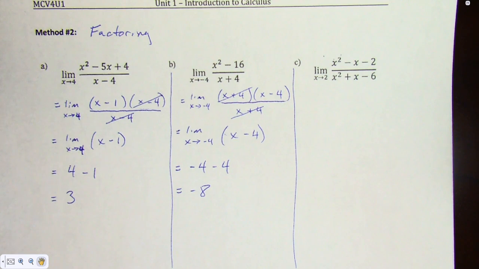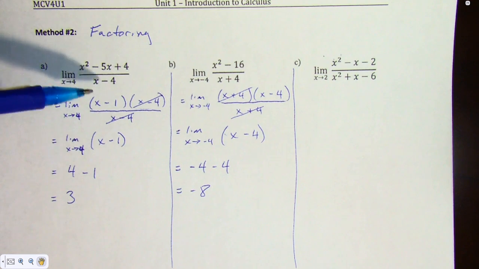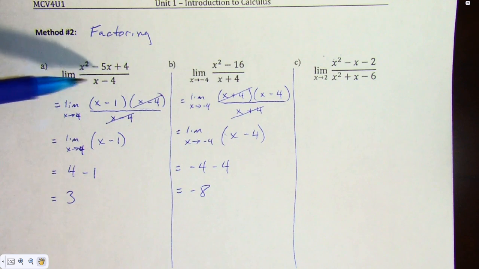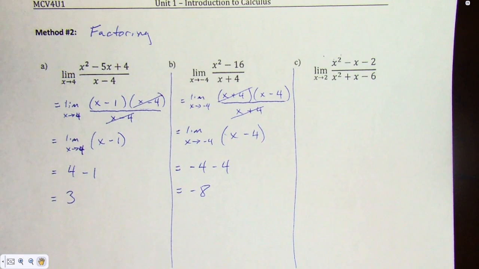So if we look at the first one here, the problem now is as x approaches 4 is what we're evaluating, but if you look at the bottom, we've got x minus 4. So if we substitute in an x as a 4, we're going to be dividing by 0, which is not okay. Okay, so the most simple solution when that is the case is to just factor and simplify.